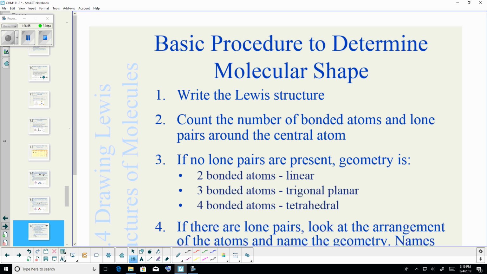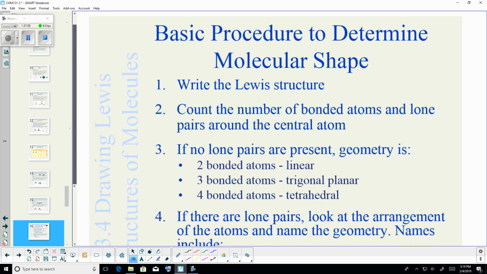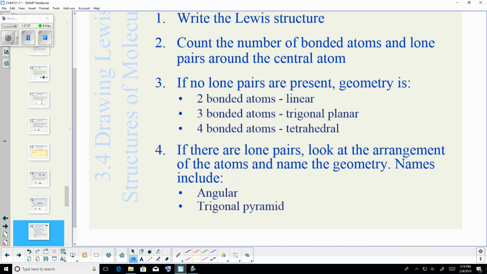So again, you write the Lewis structure. You look at what surrounds the central atom. And then you can figure out the shape. If we did hydrogen cyanide, you remember hydrogen cyanide, how many things are around the carbon? 2.